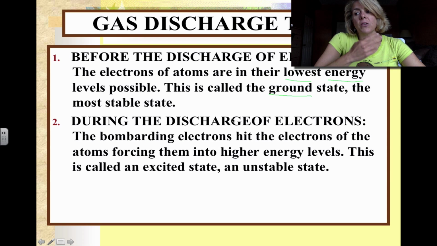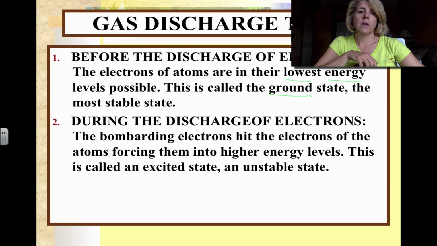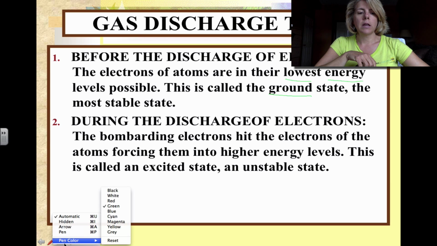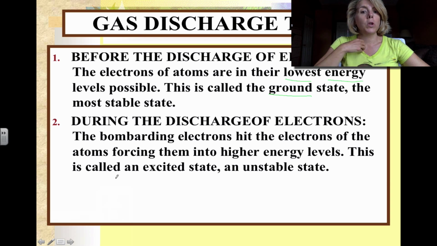When we see the color, so you know how I showed you that ring that was giving off those different bright lights, we have to have some kind of instability. So what's happening is the electric charge is coming in contact with these electrons, or you could have other electrons, so you could have bombarding electrons, forcing other electrons to higher energy levels.